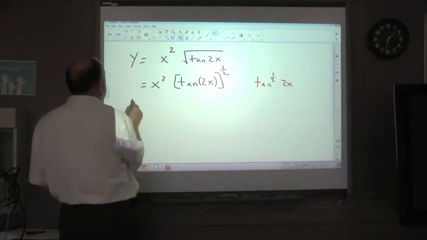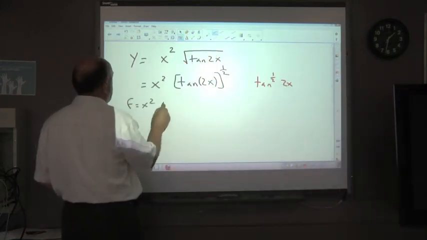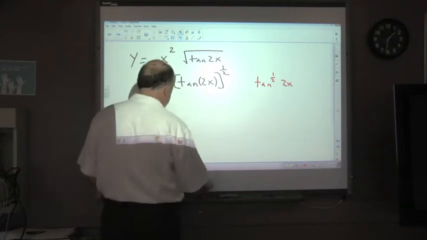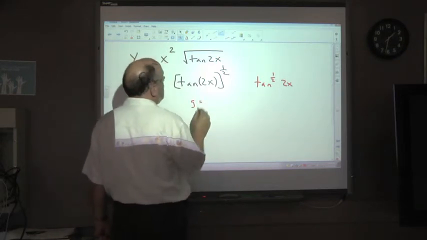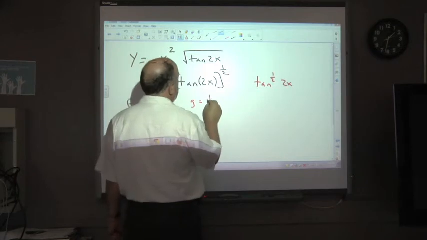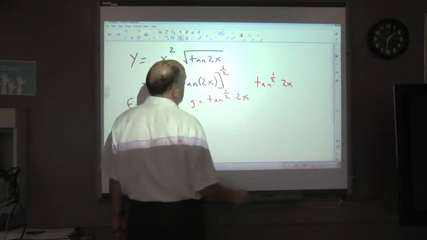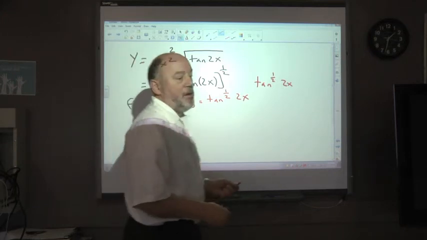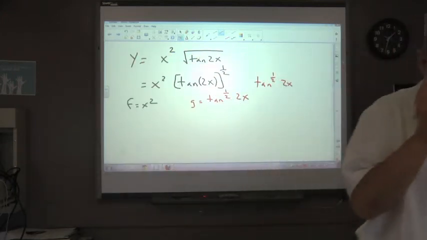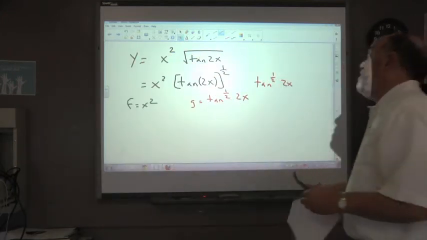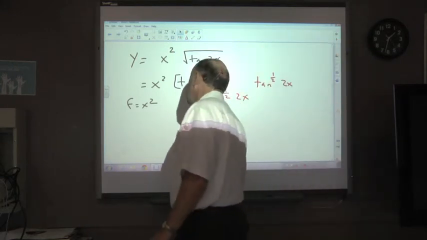Right? But again, now this is product rule. So we got f is x squared, g is going to be tangent 2x to the 1/2. My derivative of x squared is 2x.